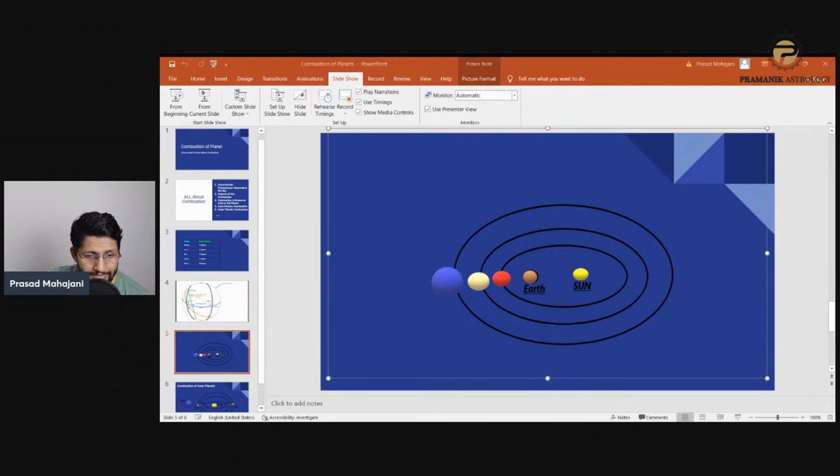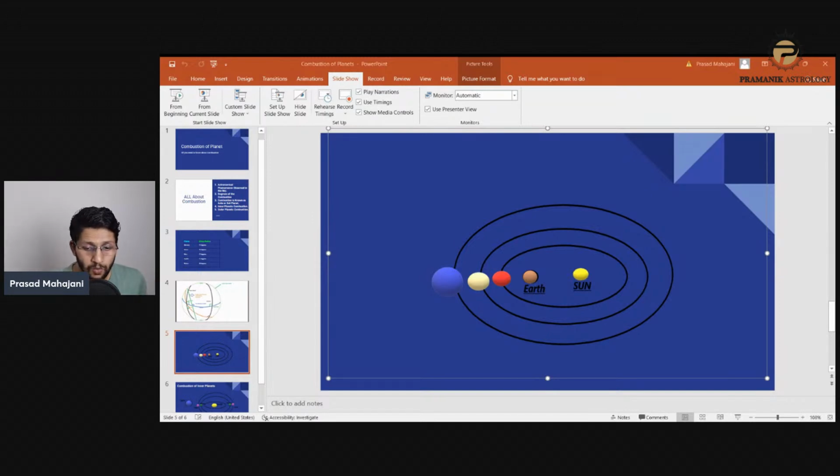So it is retrograde when it is close to the Earth, and when it goes near the Sun, it gets combust.